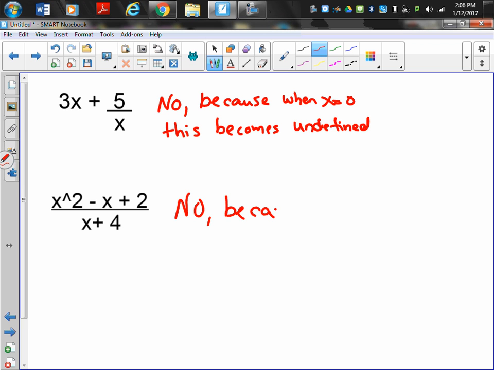Because when x equals what? What do I have to do? Blank plus 4 has got to make 0. So what plus 4 equals 0? Negative 4. So when x is negative 4, this becomes undefined.